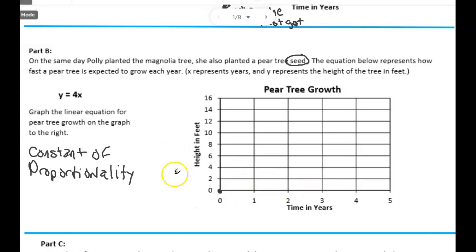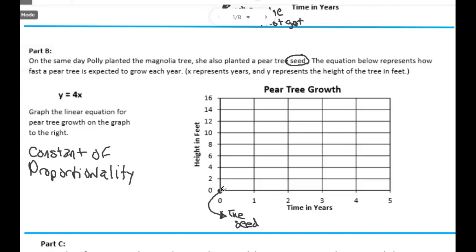Now, what does 0, 0 represent here? When it comes to this pear tree, it represents the seed. Because remember, the seed ain't got no height, nothing. When she first gets it, remember that 0 point when she gets it, that seed is like 0 inches out of the ground. It's actually a little bit under the ground. Okay. All right. So that makes sense about that 0, 0 point. Okay. So 0, 0, cool starting point.